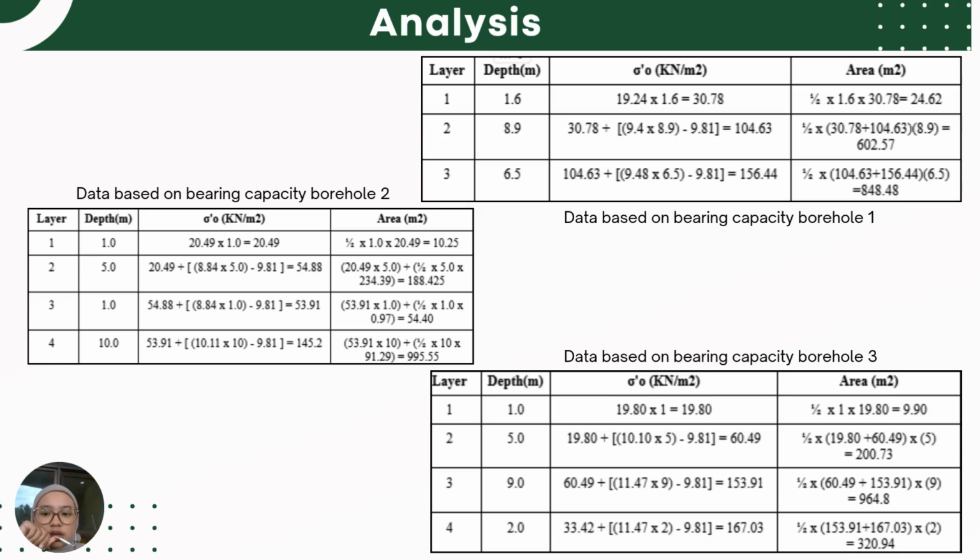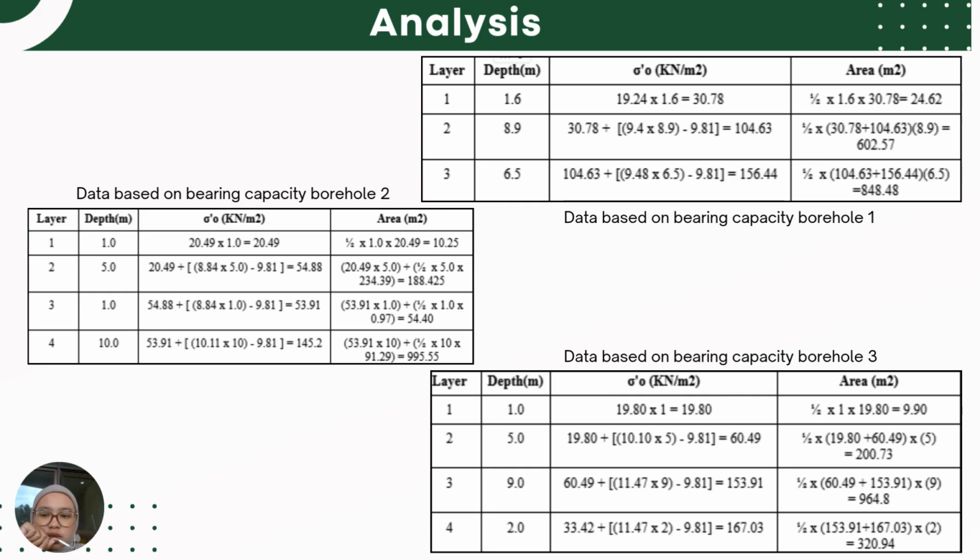For borehole 1, we put three soil layers at depths of 1.6 meter, 8.9 meter, 6.5 meter, and the stress values range from 30.78 kilopascals to 156.54 kilopascals. The area we calculate based on the shape of the layers, which is a rectangle and triangle, and the range for each layer is 24.6 square centimeters to 184.48 square meters. The values were derived using the respective constraints.